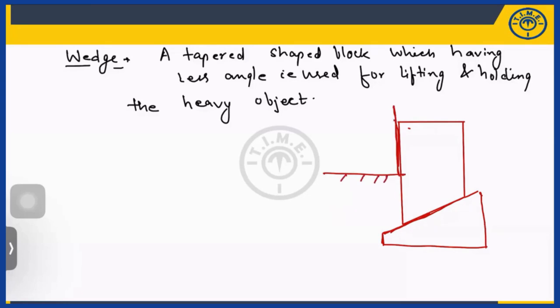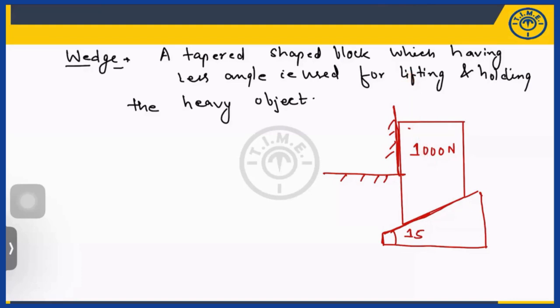So this is the surface, and the block has a weight of 1000 Newton. Now, the angle made by this small wedge, let us suppose, is 15 degrees. So you want to raise this particular weight in the vertically upward direction.